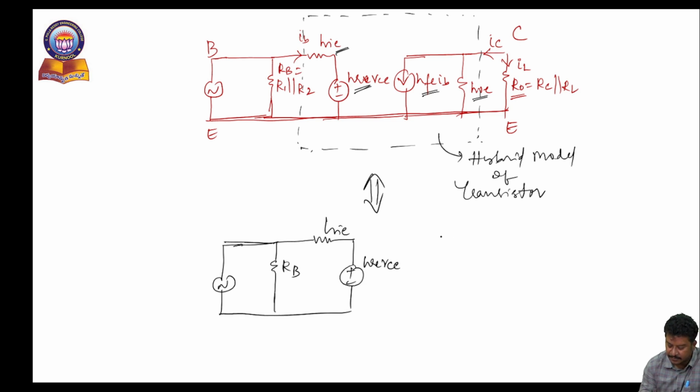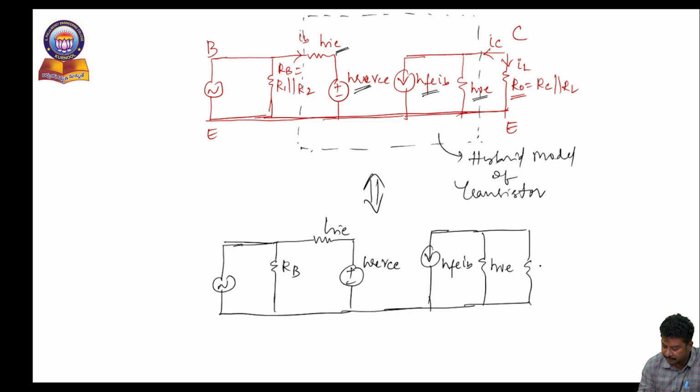This is at the input side, and the output side is a dependent current source HFE IB, HOE, and finally R0. So this is IL, this is IC, this is IB, the emitter is common. The input I am applying across the base.